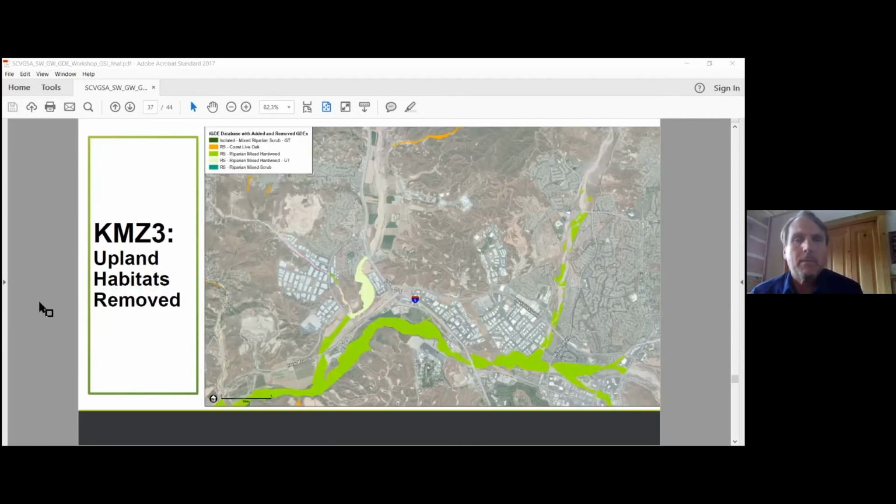Next map, please. And then KMZ3 has removed those upland areas. And we've kept the riparian mixed hardwood and riparian mixed scrub. And we've also kept the coast live oak. Coast live oak tend to live up in the canyons.